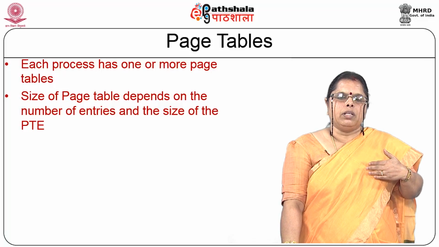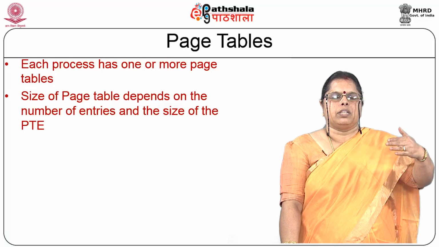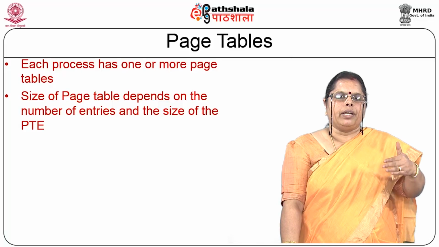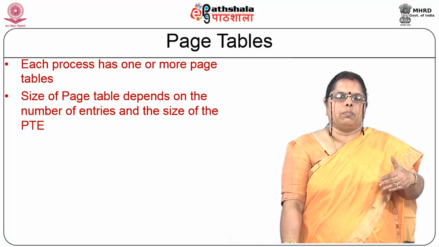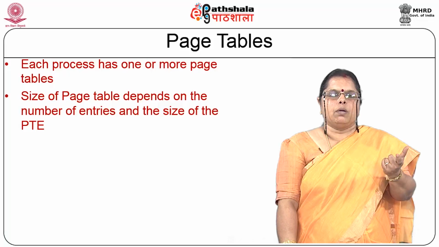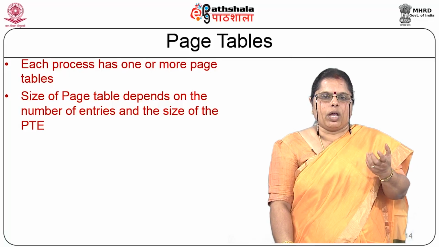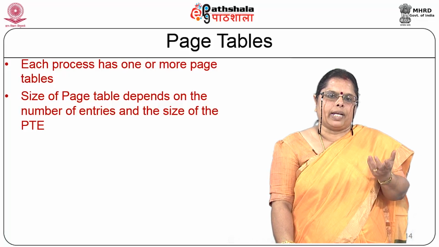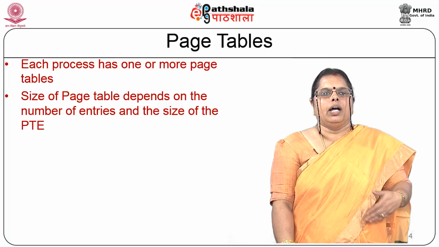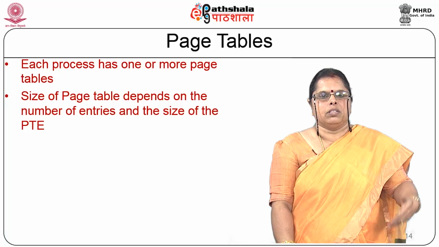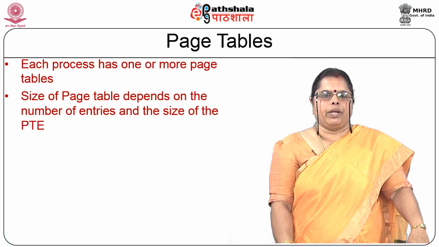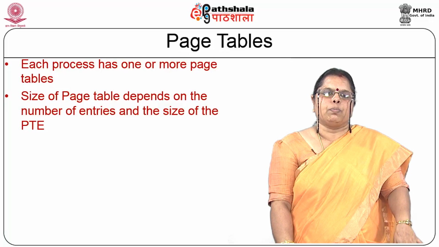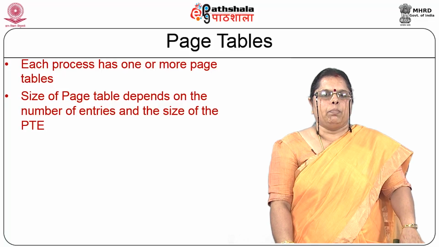So, when you look at page tables, having looked at a page table entry, we know that a page table is nothing but a collection of these page table entries, and the number of entries in every page table depends on the page number field of your virtual address. As I mentioned earlier, suppose you have a 10-bit field in your page number, I can have 2 power 10 different pages. So, you have that many entries. And remember that each process can have one or more page tables.